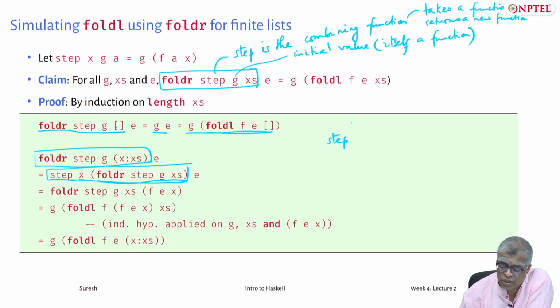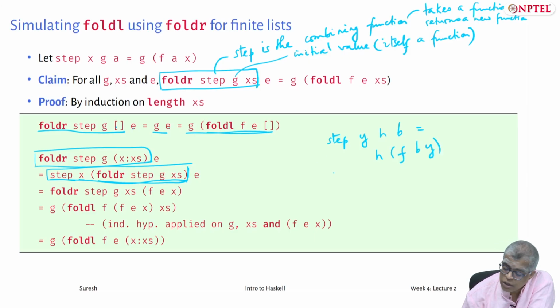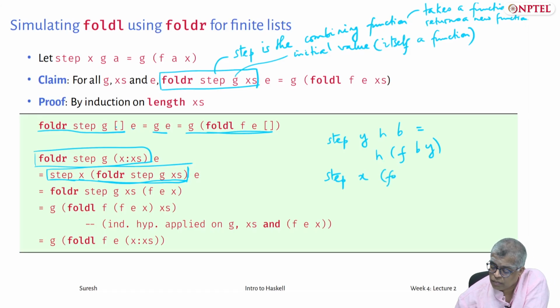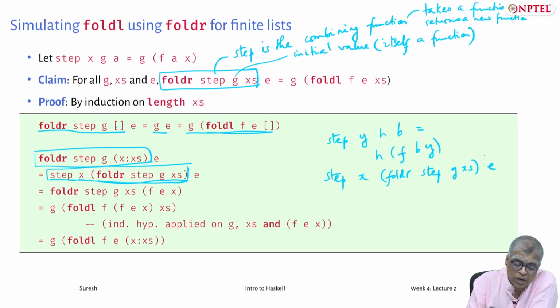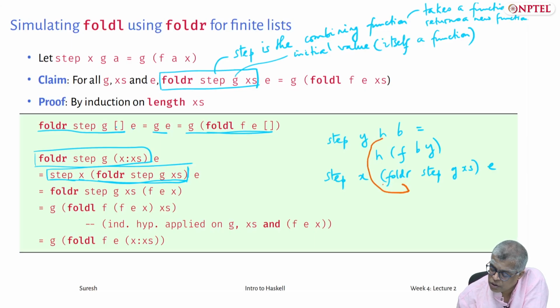Remember, step y h b is nothing but h applied on f b y. So, here this whole expression is playing the role of h, this b is this e, and this y is this x.